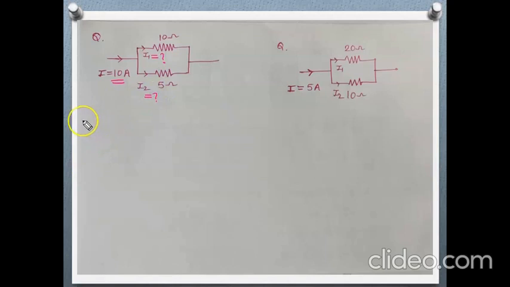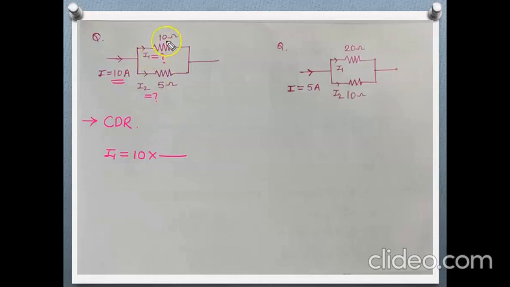So which technique is useful here, CDR or VDR? Here the current division rule is applicable, because the current is distributed within these two branches. So use CDR here. CDR says that when we want to calculate the current through any branch, take the total current into the opposite branch resistance divided by the total resistance.